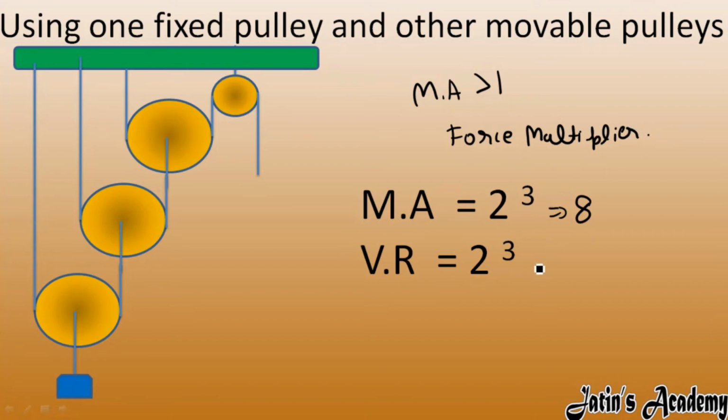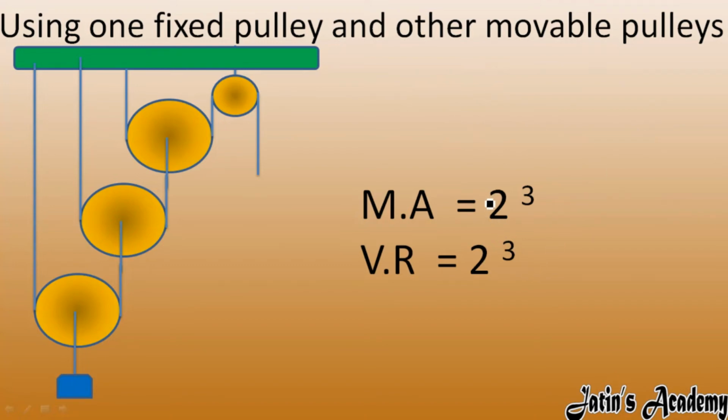Let's take the value and calculate how much mechanical advantage we are getting here, meaning what benefit we are getting from this system. For example, we have a block of 1000 kg. Now how much force do we have to apply in order to lift this 1000 kg?